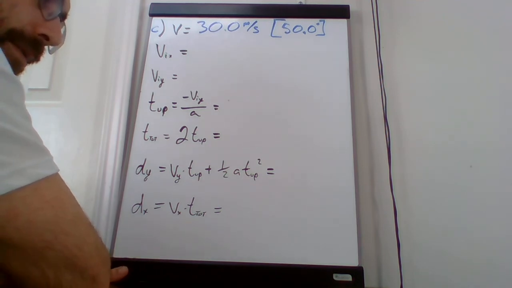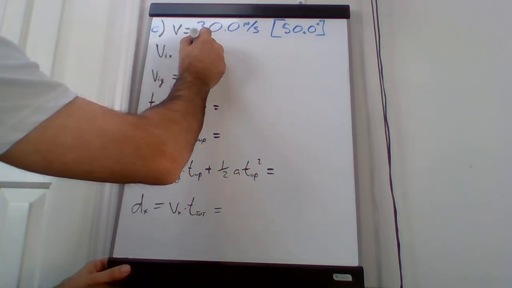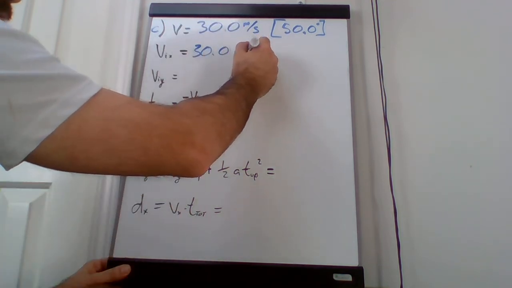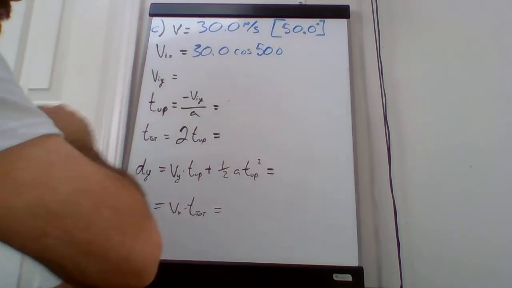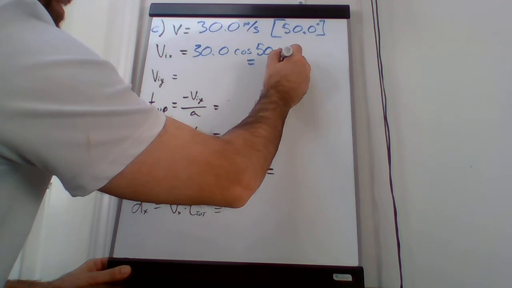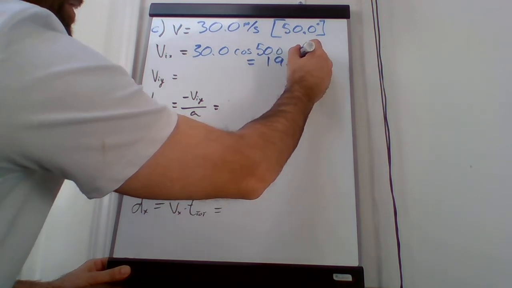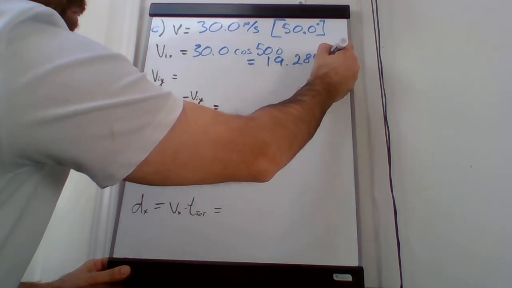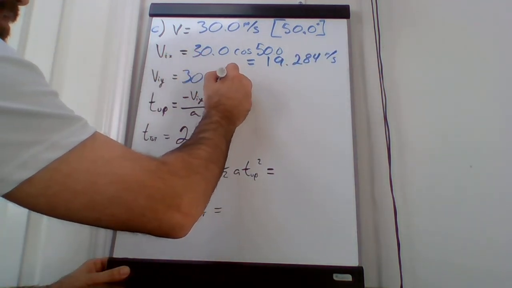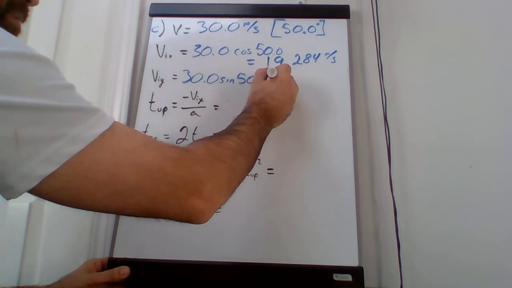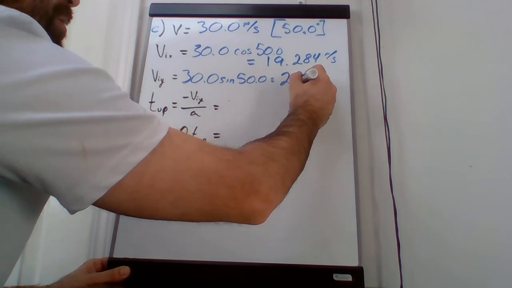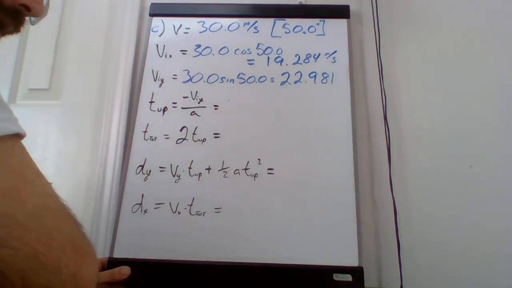So our Vix is our magnitude times the cosine of the angle, 19.284, whereas our Viy is 30 times the sine of the angle, 22.981.